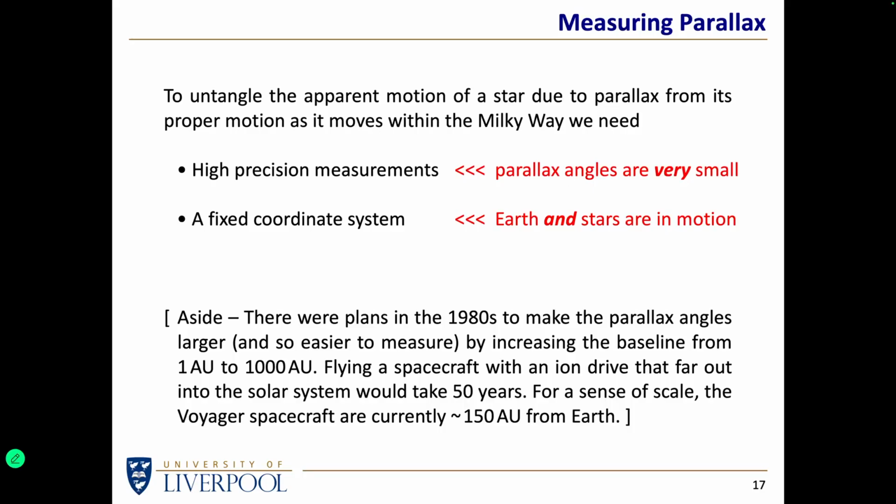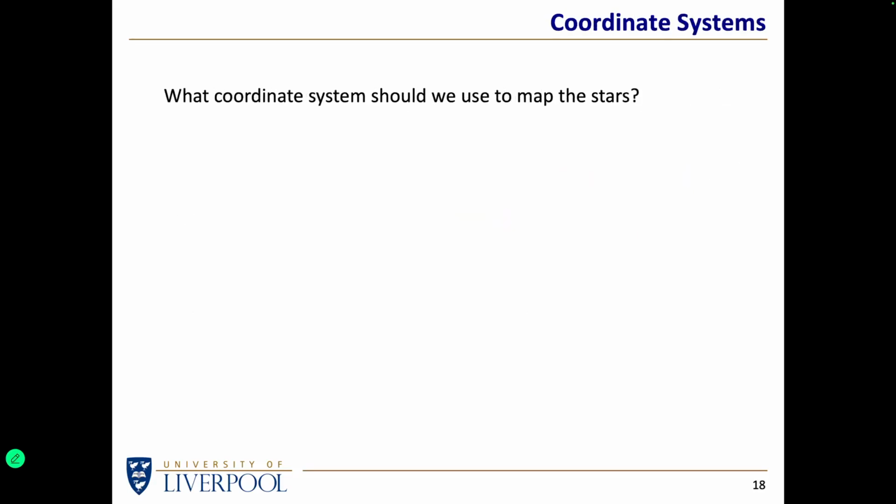Let's send a spacecraft out 1,000 astronomical units, so the baseline of our triangle is now 1,000 times bigger. That'll make it easier to measure small angles. Well, an interesting idea, but flying a spacecraft out to 1,000 AU, it was calculated, would take about 50 years. In other words, even if they had done that in the 1980s, we'd still be waiting for it to get there. So that never actually happened.